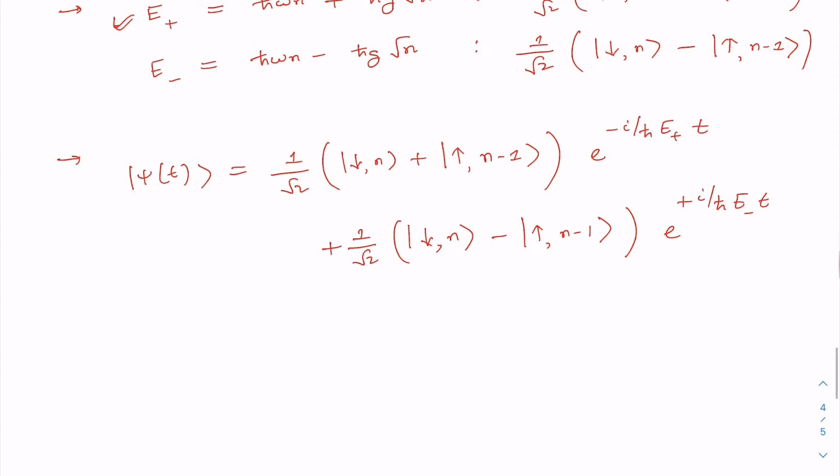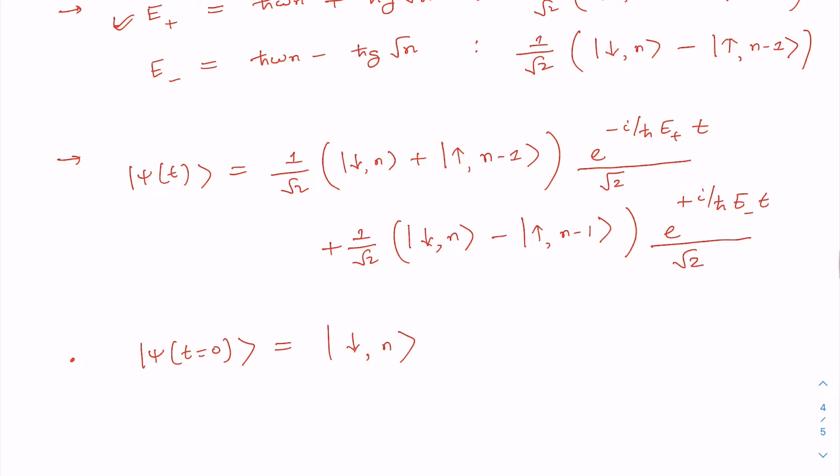Now please note that if this is the correct expression, we should be able to recover at time t equal to 0 our originally prepared state, that is the atom in the ground state and n number of photons in the field mode. If you check it, we can recover it provided we put in the denominator square root of 2 here, and here as well.